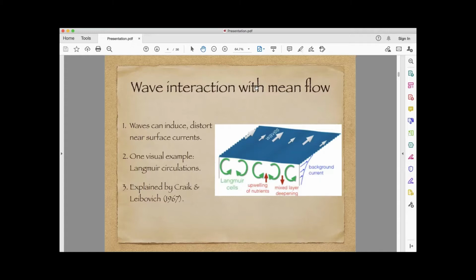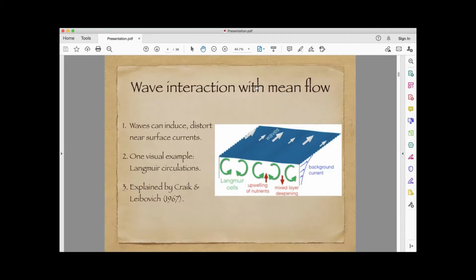An explanation for the generation of these Langmuir cells was first proposed by Craik and Leibovich in 1967, where they wrote an equation for the mean flow driven by the wave and the background current, and showed the formation of these nice Langmuir cells.